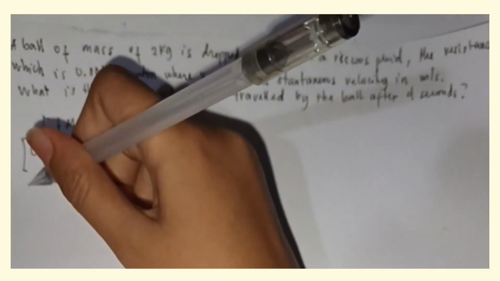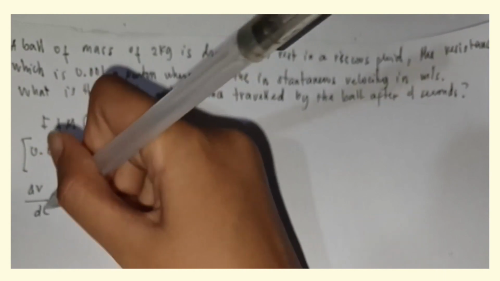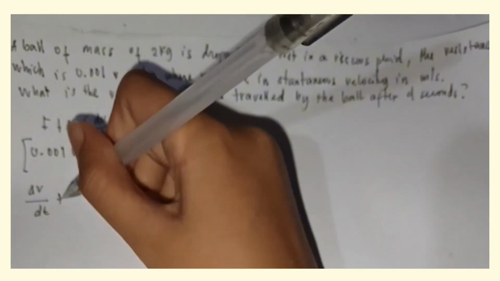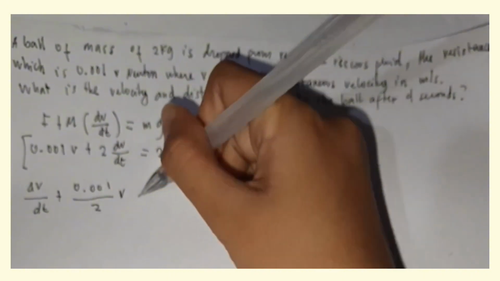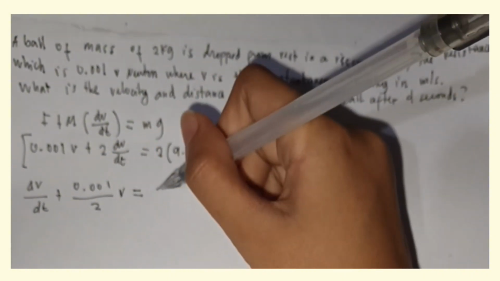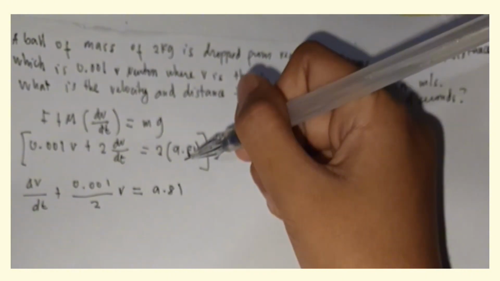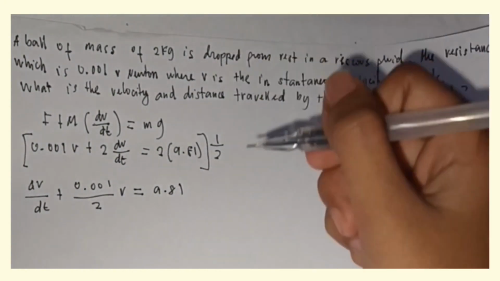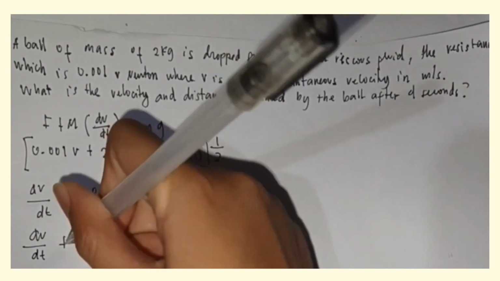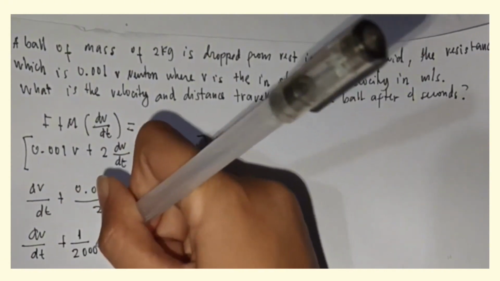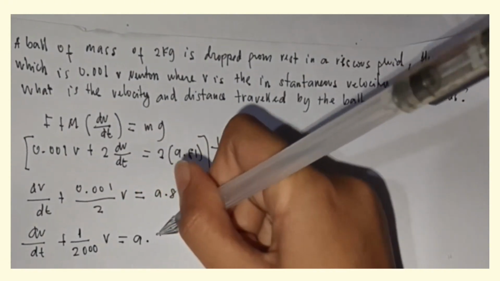So we have dV over dt plus 0.001 over 2 V is equal to 9.81, so dV over dt plus 1 over 2,000 V is equal to 9.81.